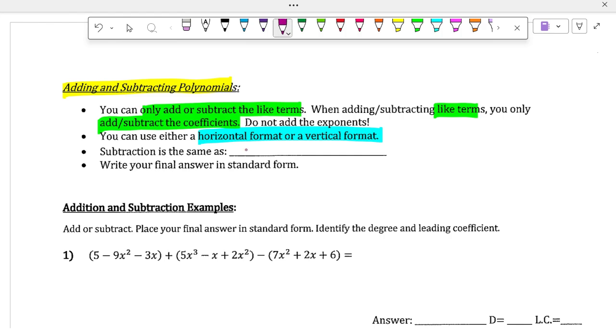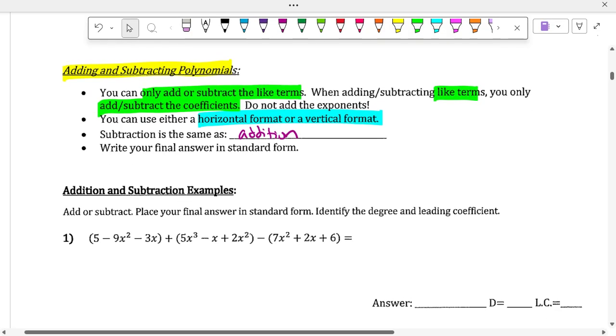And the subtraction is the same as addition, except what's the one extra step that you have to do first? So if you're subtracting two polynomials, like in the first example down here, what would I have to do first?